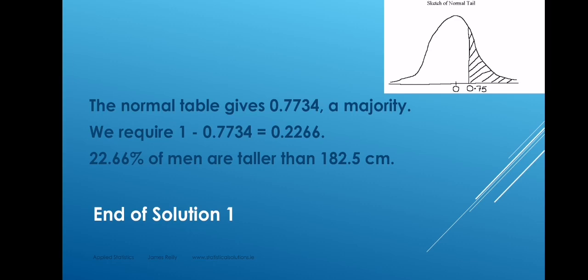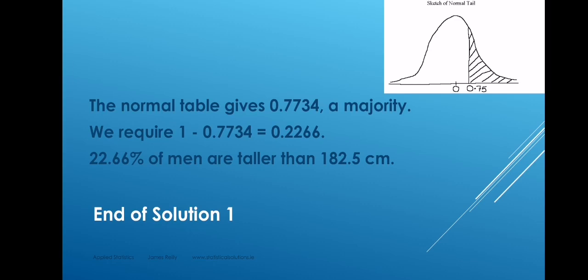So obviously the tables have provided us with the majority probability, and the tables will always do this. The tables always provide the majority probability corresponding to a z-score, either positive or negative. And we must then decide, do we require a majority answer or do we require a minority answer? So we subtract the tabulated value from 1 because we want not the majority but the minority.